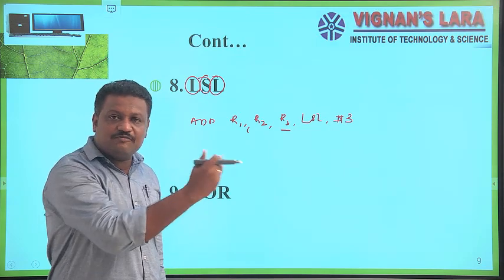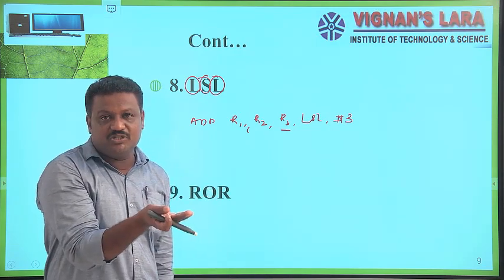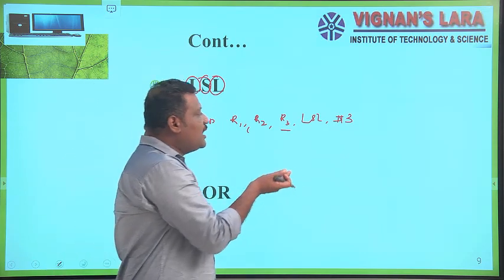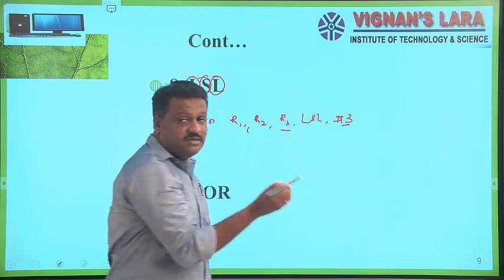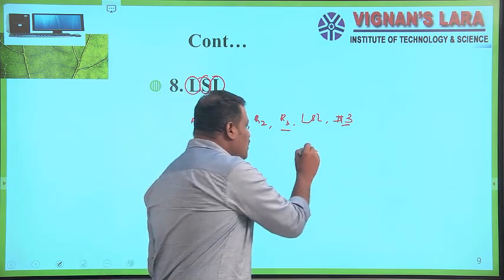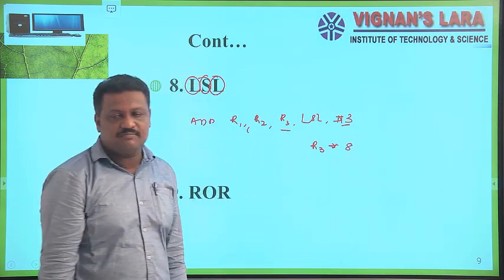We know that by doing a logical left shift, the input data is multiplied by 2. So here I shift left the content of R3 by 3 times, which means indirectly R3 content is multiplied by 8.